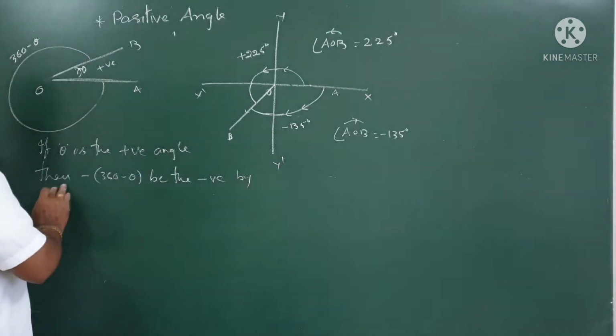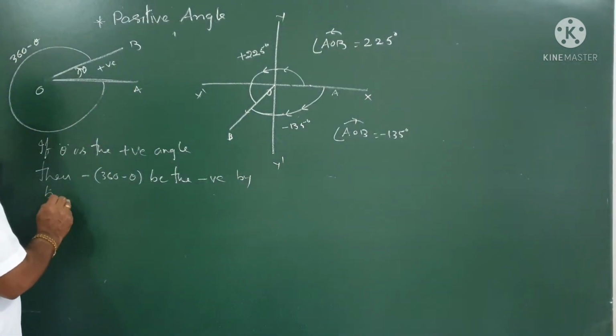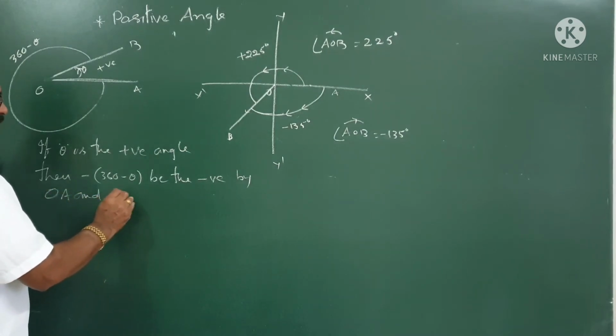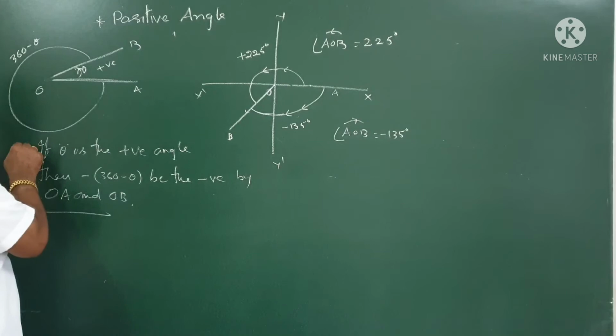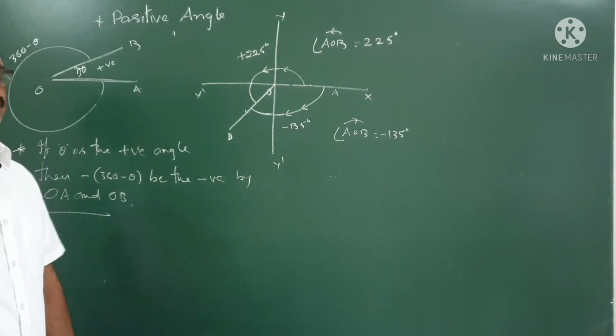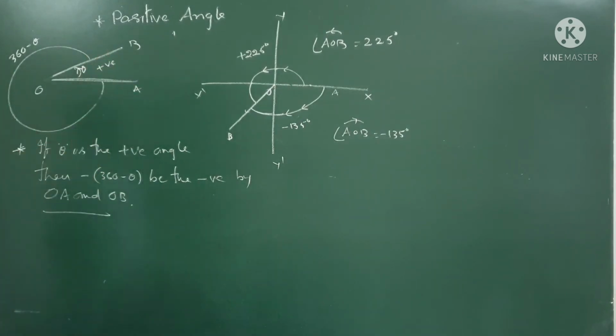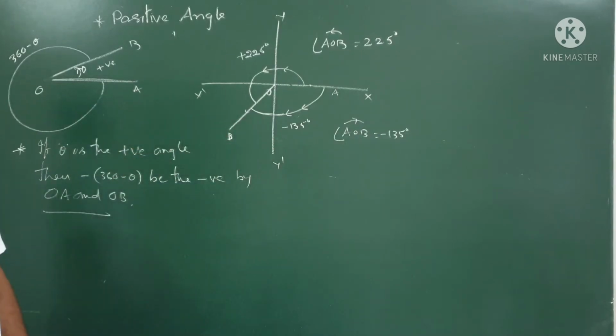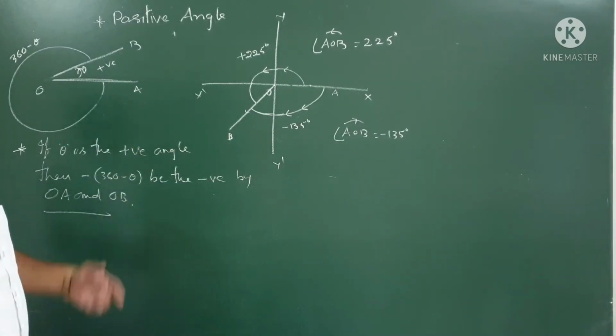Here, 225 degrees, 360 minus 225 is 135 degrees, so minus of 360 minus theta equals minus 135 degrees. Please take it.